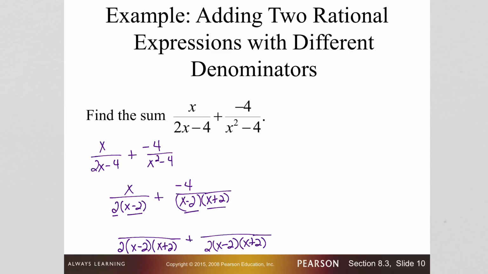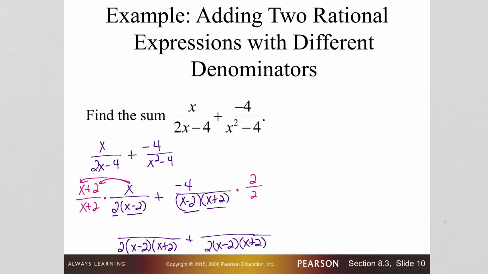Alright, so now ask yourself, what is the fraction on the left missing? It is missing x plus 2 over x plus 2. The one on the right, it is missing 2 over 2. So now, with the numerators, you do want to distribute.